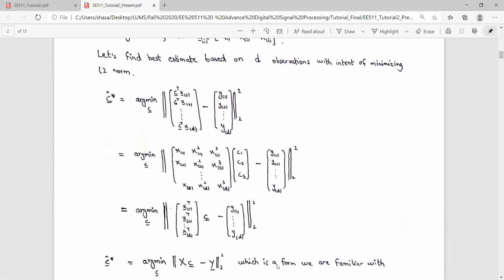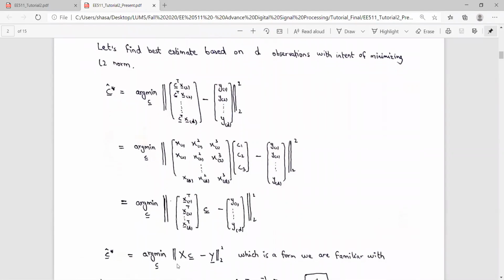In the exam, or generally, all these steps are not necessary, but as part of this tutorial I thought it may be relevant to show the intermediate steps. And this is a familiar form, Ax minus y, and minimization of its L2 norm. We have already seen it.